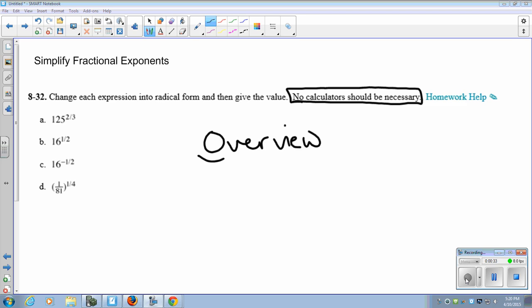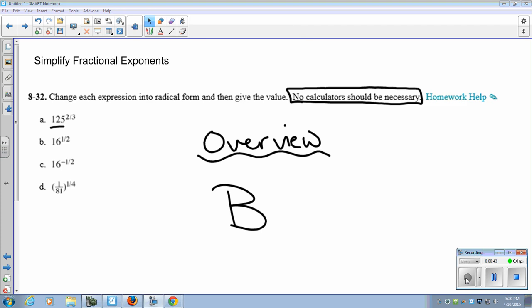If you're kind of a variable-y type person, you have a big base number, like in this case that would be the 125. And if you have a rational exponent, and by rational I mean something written as a fraction, let's say something over something.